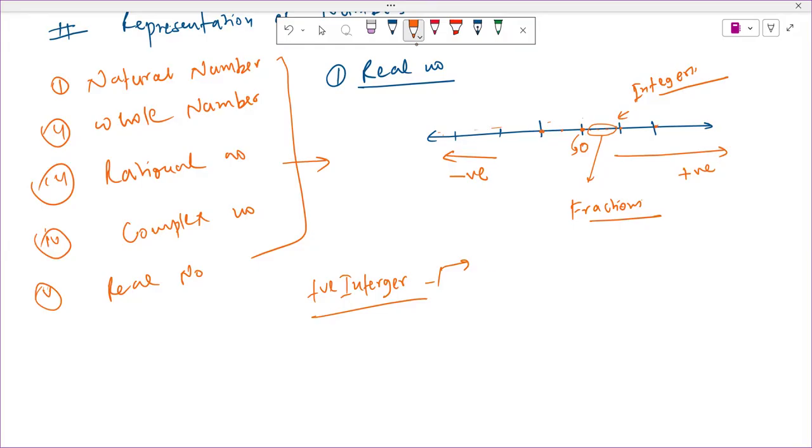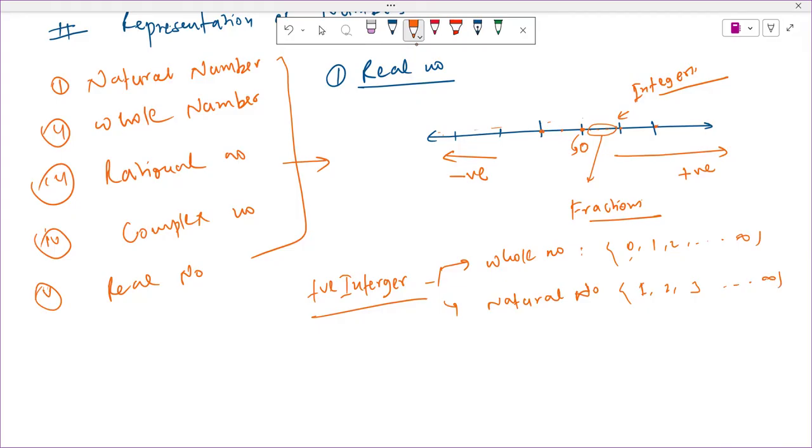Even among integers, let's say this is the positive integers, here we can have two things. One is called the whole number. What is this? It is 0, 1, 2, and it goes up to infinity. So it's an integer but starting from 0. Now what exactly is a natural number? It's called the counting number. In counting you start from 1, 2, 3, and it goes to infinity.